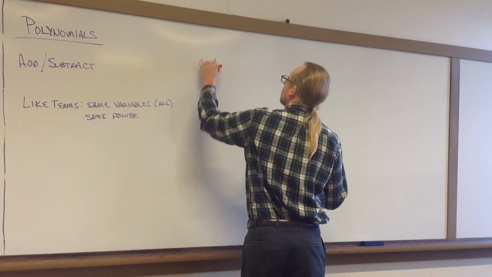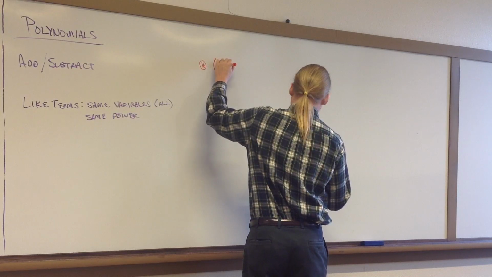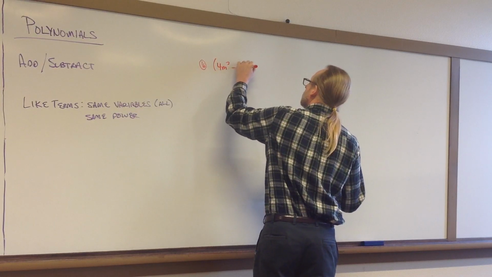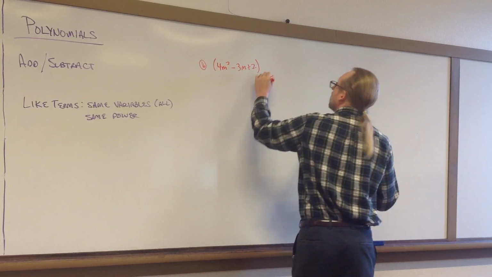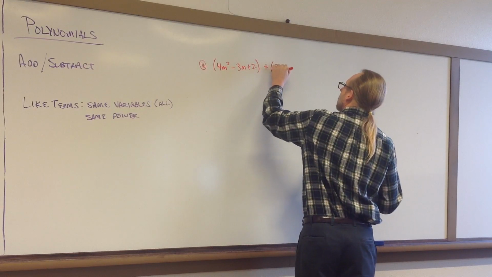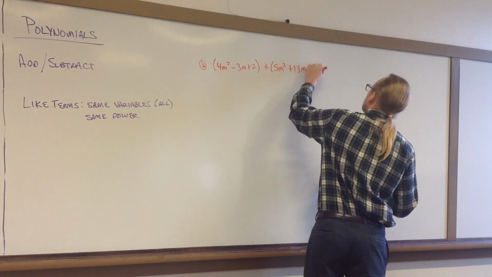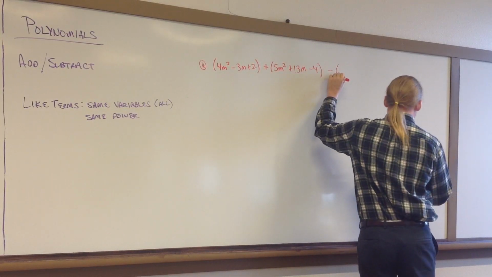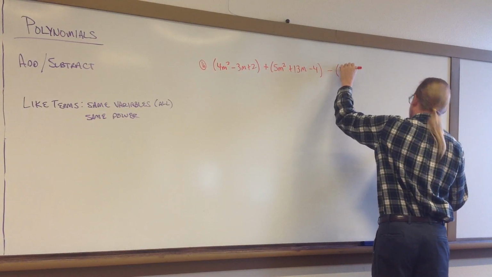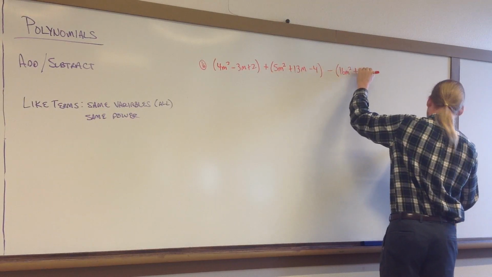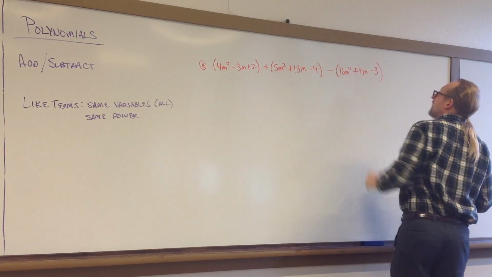So 4m squared minus 3m plus 2, and then plus 5m squared plus 13m minus 4, and then minus 16m squared plus 4m minus 3.